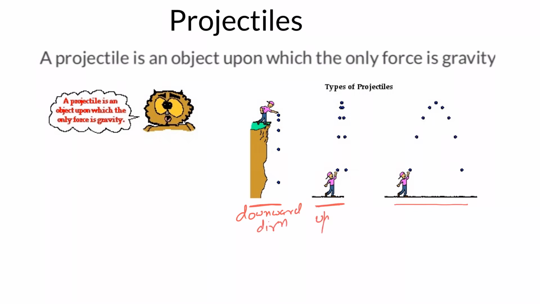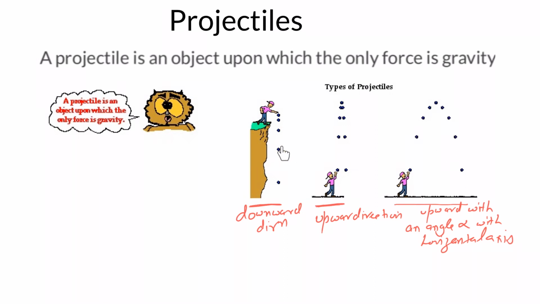This is in the upward direction, and this is upward with an angle, say alpha, with the horizontal axis. So these all are the types of projectiles.